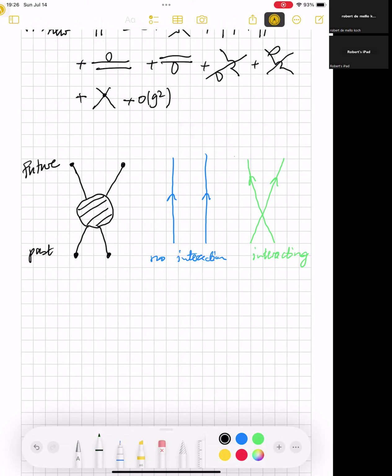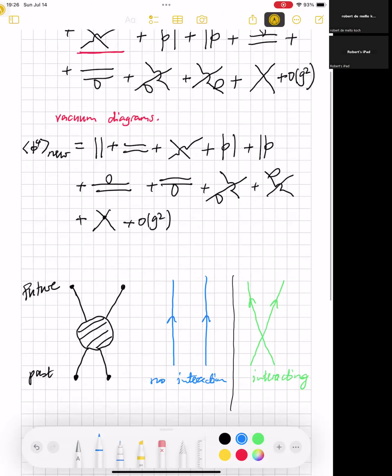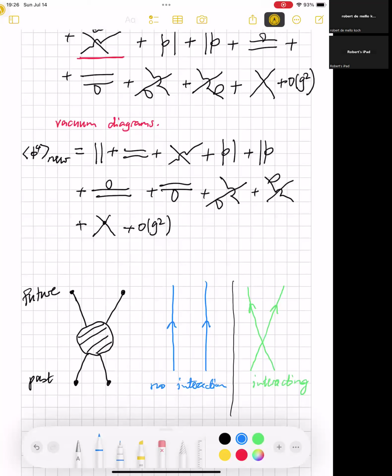If we go back to the Feynman diagrams that we've drawn, each Feynman diagram we can classify as no interaction or interacting. So let's take our blue for no interaction. The first diagram here on the phi 4 new, clearly there's no interaction between the two particles. They just propagate along. Now, this diagram that I've just outlined in blue, again, the two particles don't interact.